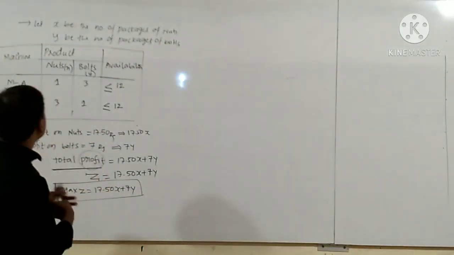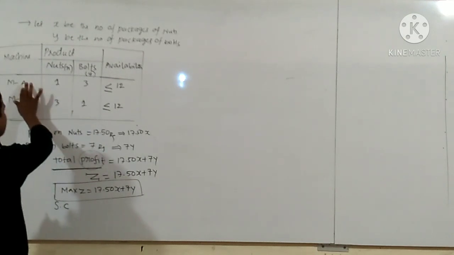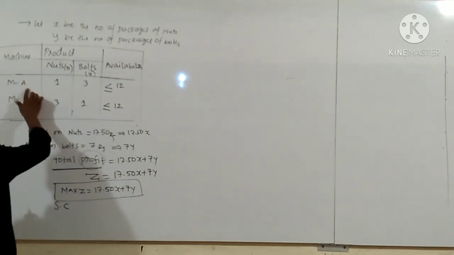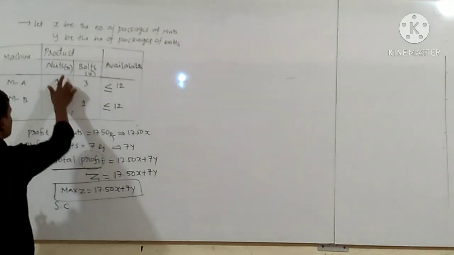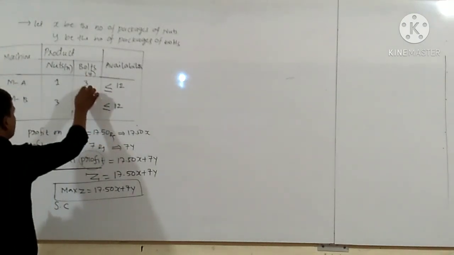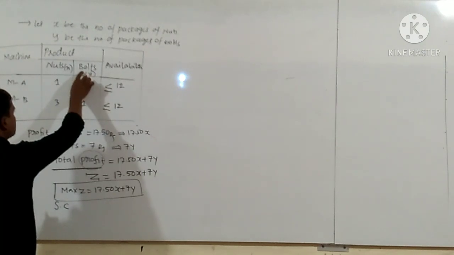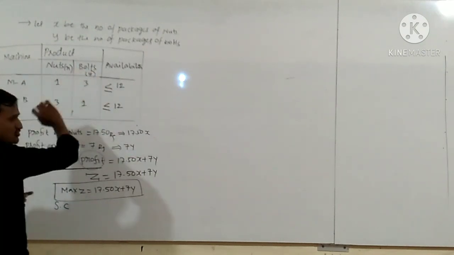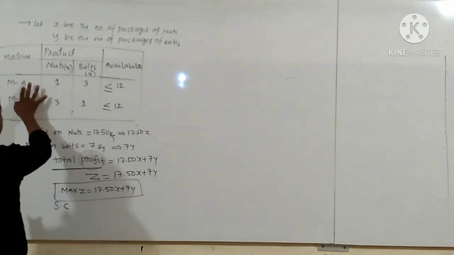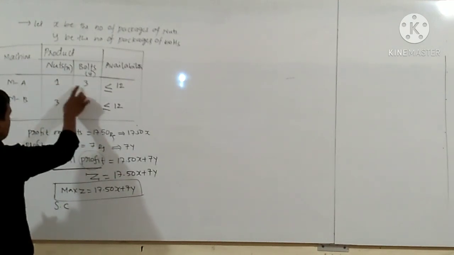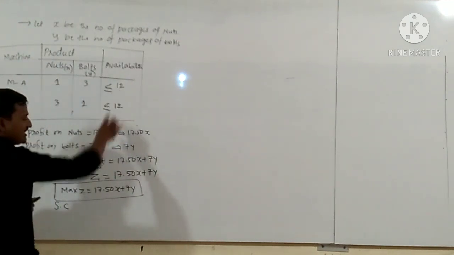What are those conditions? For machine A, it takes 1 hour on nuts and 3 hours to produce the bolts. So therefore total availability of machine A is 1 plus 3, which is less than or equal to 12.